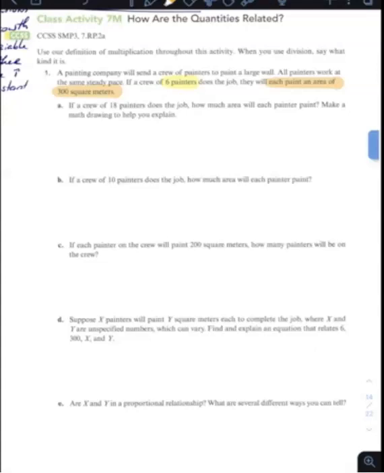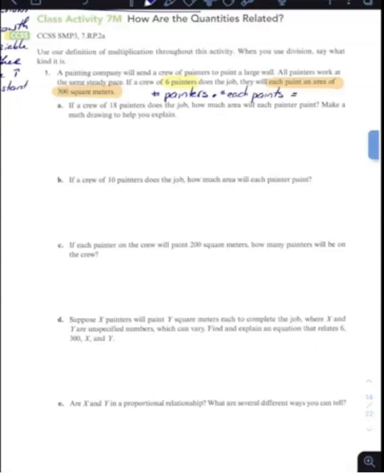So we have the number of painters times how much area they paint. Okay, so we could say we have the number of painters, and if we multiply, this sounds like multiplication, so number of groups and the number in each group. So number each paints.